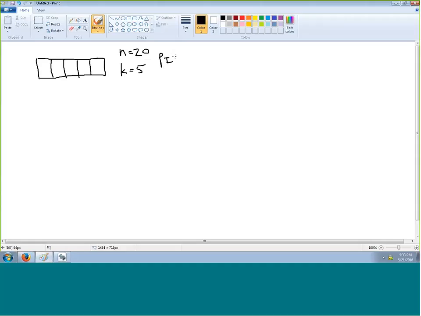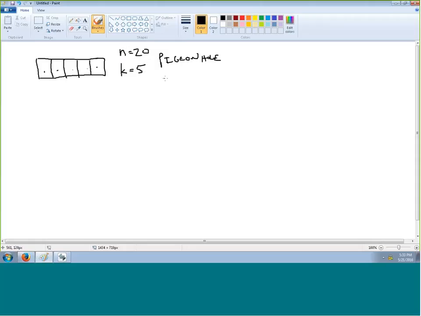This is what we call the pigeonhole principle. Let's say we have 5 holes, or 5 cubby holes, 5 nests, or whatever for pigeons. We want to fit 20 pigeons in there. Well, we have more pigeons than holes, right? So we'll need to have more than one pigeon in at least one hole.